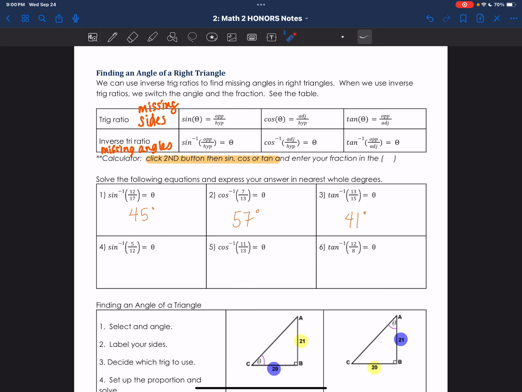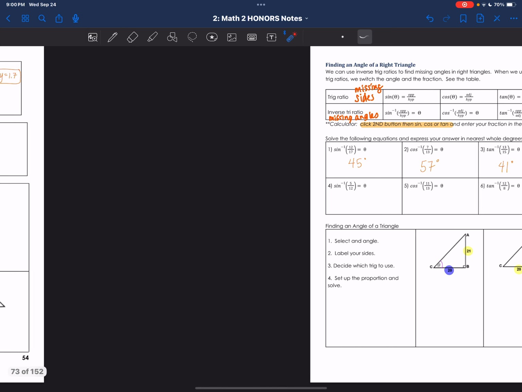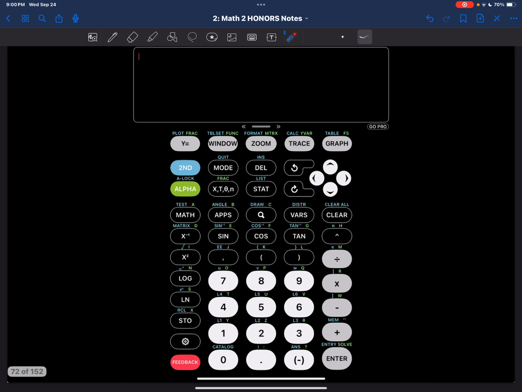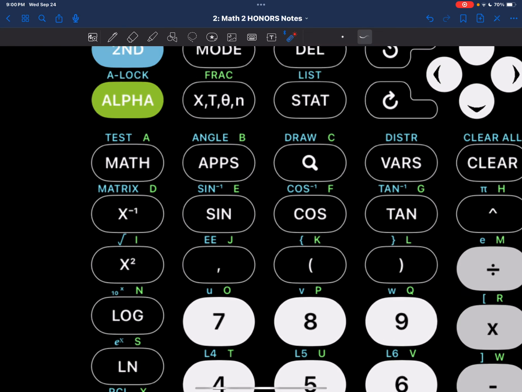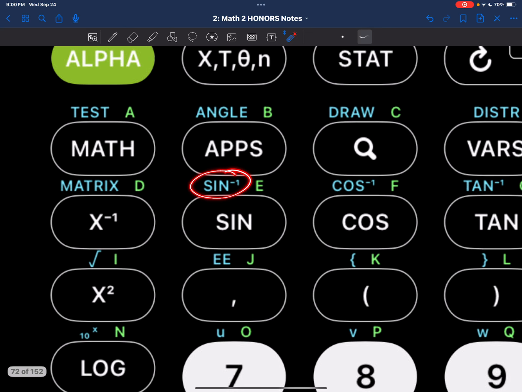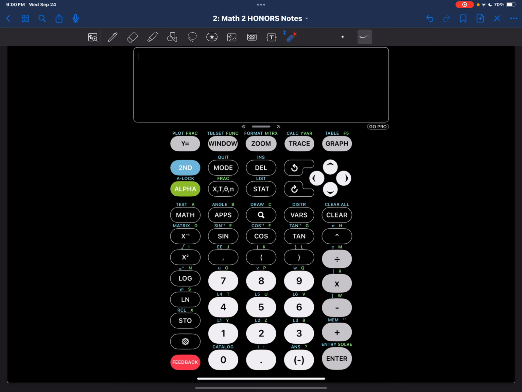All right, so to do that, you have to click the second button, then sine, cosine, tangent. So if you look here, I'll do this in a bright color. You're going to click the second button, and then you're going to do sine, cosine, tangent. If I zoom in, you'll see on top, that's the inverse sine, so it's right above it. So you got to press second, then sine.